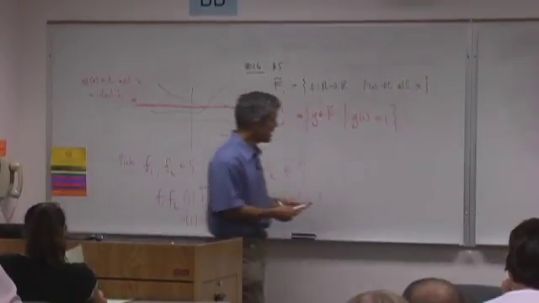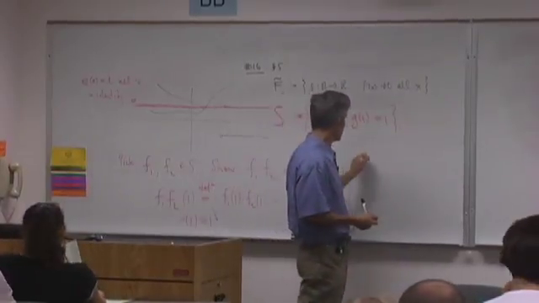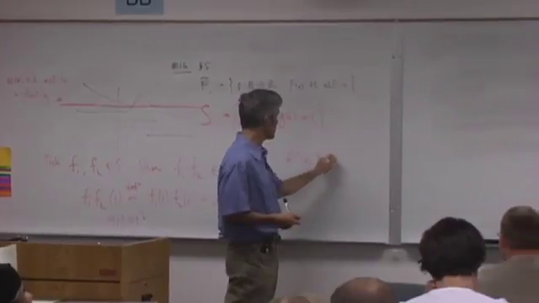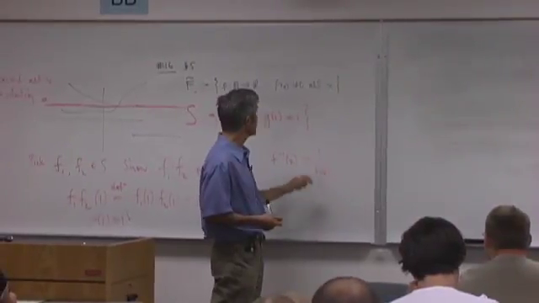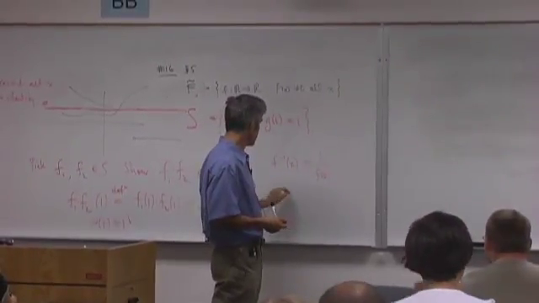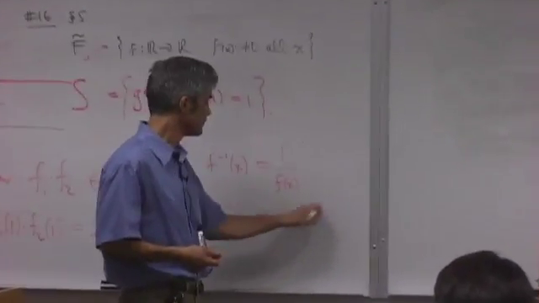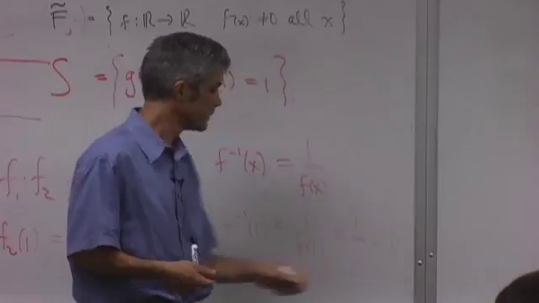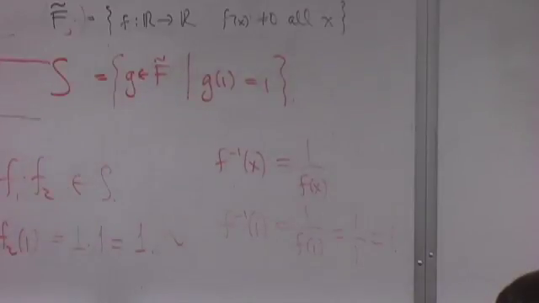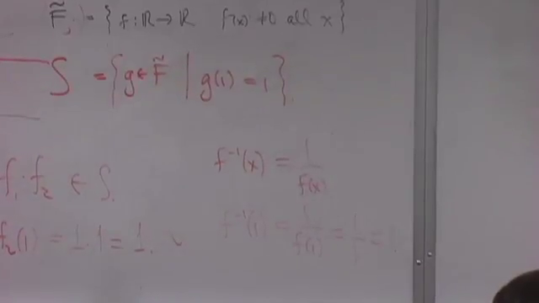But then once you've got that, f inverse is just 1 over f of x, because the operation here is multiplication. Now plug 1 into the inverse, 1 over f of 1. All right. So that's what's going on.